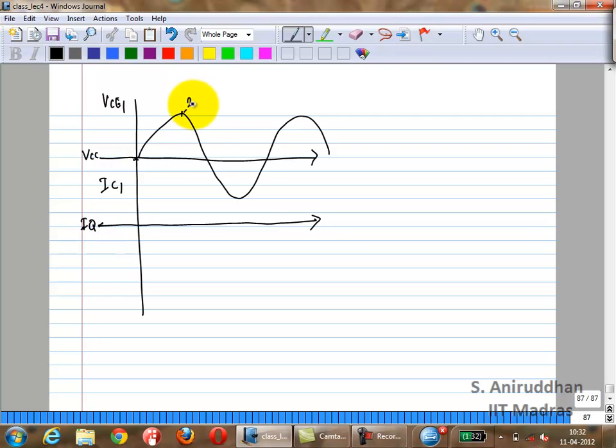What is the value? Approximately 2 VCC. We'll neglect VSAT for now, it's a lot easier. This is almost 0. So it's going to swing almost rail to rail as far as VCE1 is concerned.